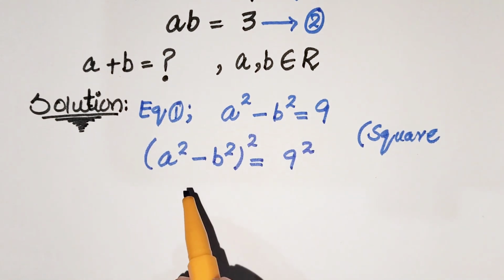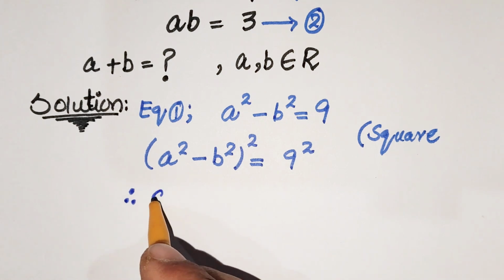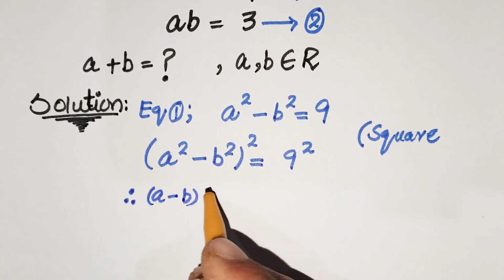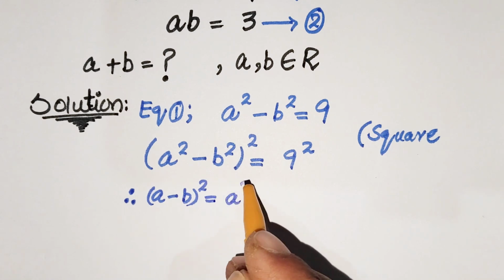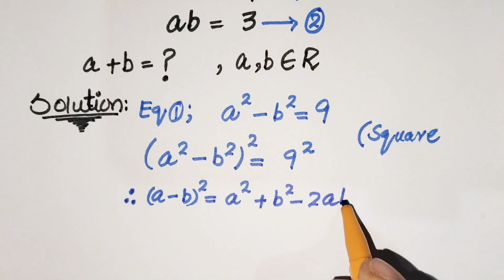Here we know by the algebraic identity that if we have a minus b whole squared, then it will be equal to a squared plus b squared minus 2 times a times b.